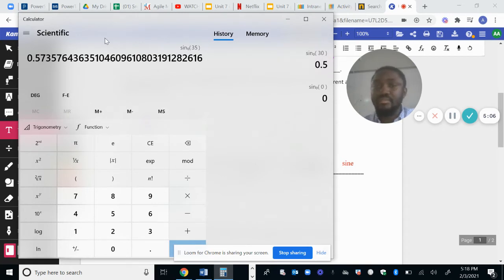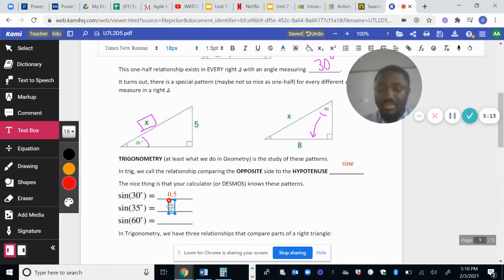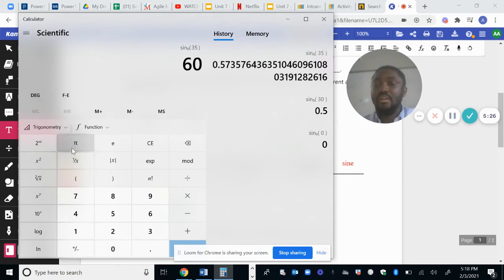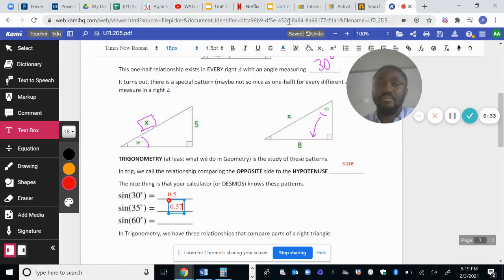It gives 0.57. So the sine of 35 is 0.57. What about sine of 60? Just press 60 and then sine. It's 0.87 approximately, so we put 0.87.